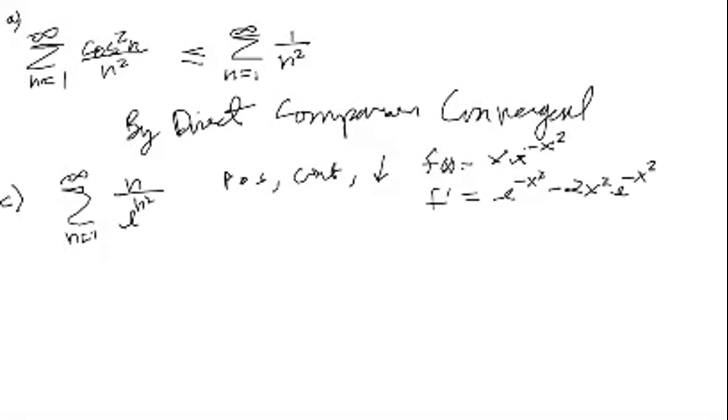And you can see that this will be equal to e to the negative x squared times 1 minus 2x squared.